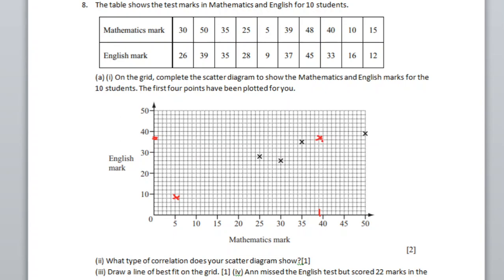Next 48 comma 45, so 48 is here, two boxes before 50, and 45 is in between 40 and 50.